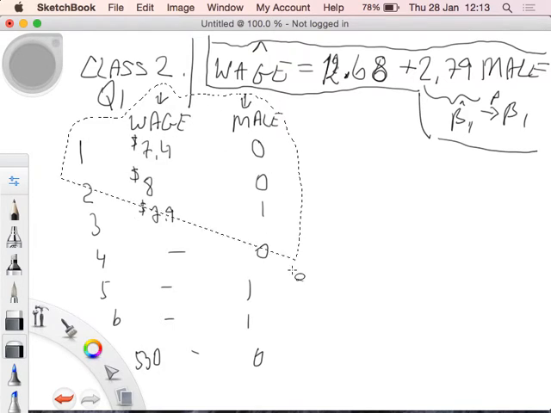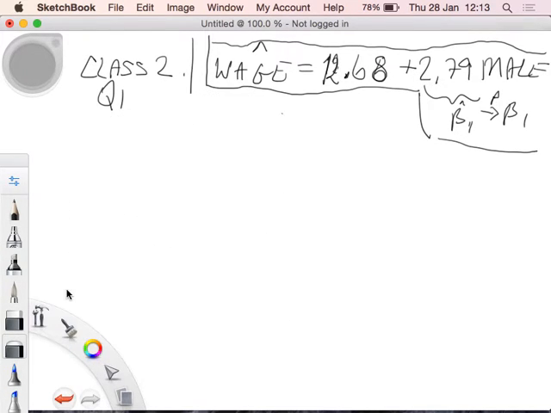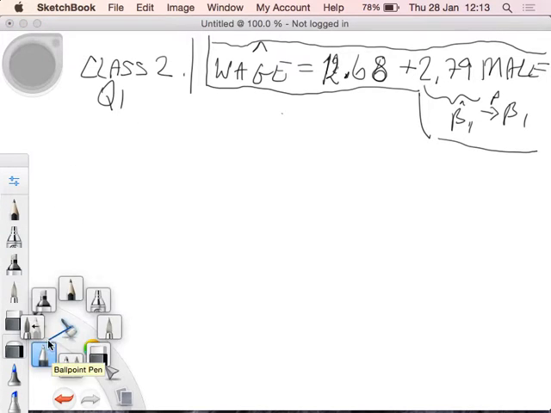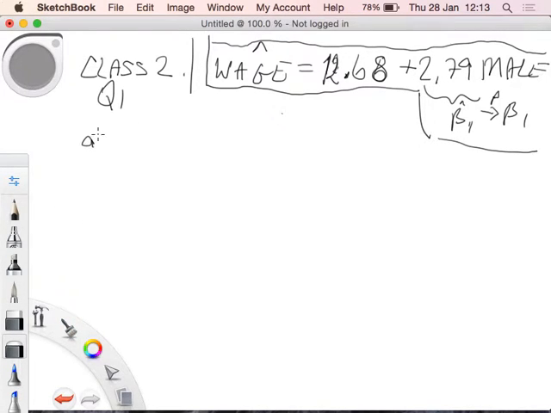Have you tried doing question 1A? It says, what is the estimated gender gap? Guys, what do you think? What's the estimated gender gap?